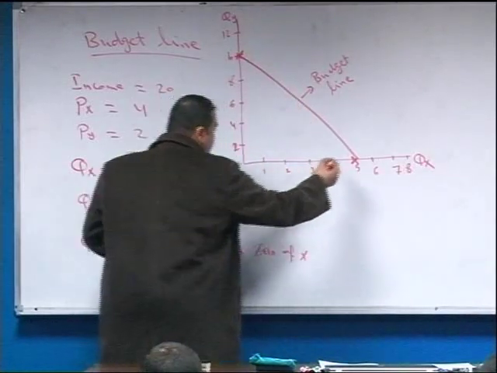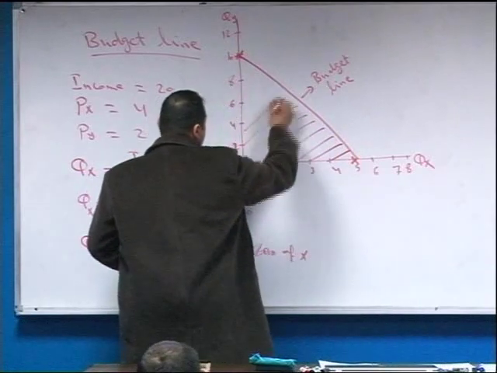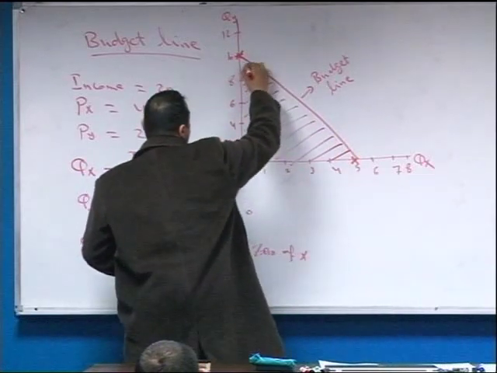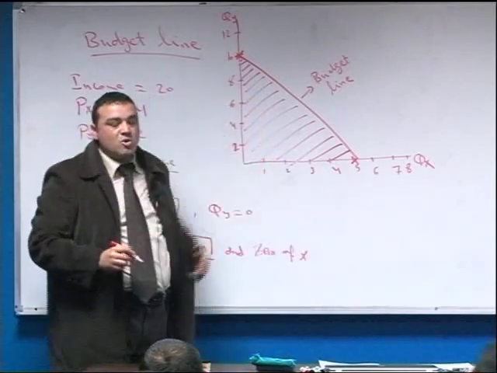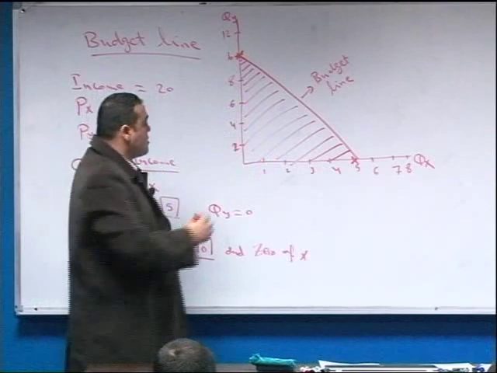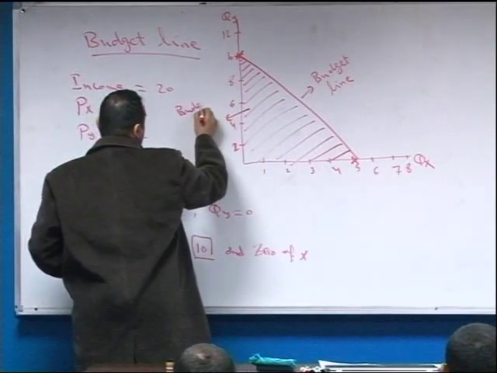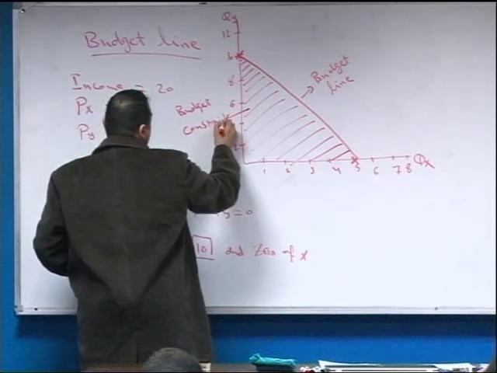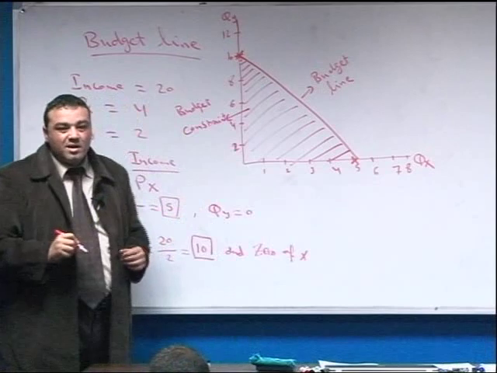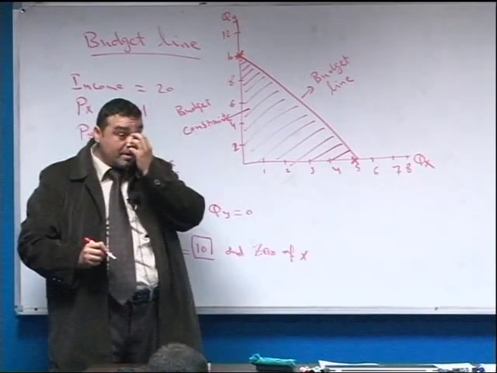So this area under this line is called the budget constraint. Budget constraint. قيد الميزانية، انه انا مقيد بالميزانية. تمام؟ طيب.